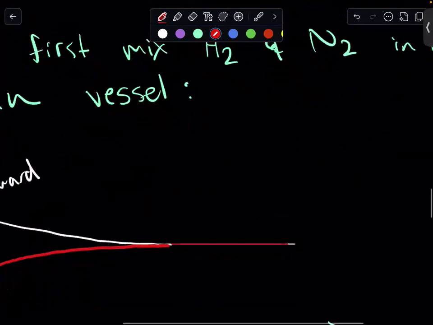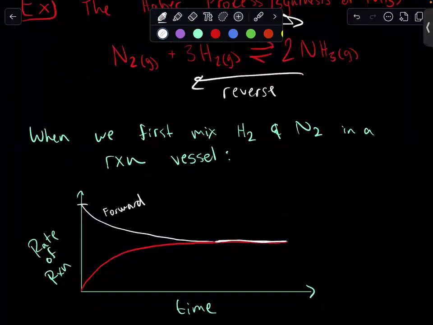It's hard to see, but both of these appear at the same time. I'm going to try and draw them on top of each other so you can see. Then we'll zoom out. Our red representing our reverse reaction.